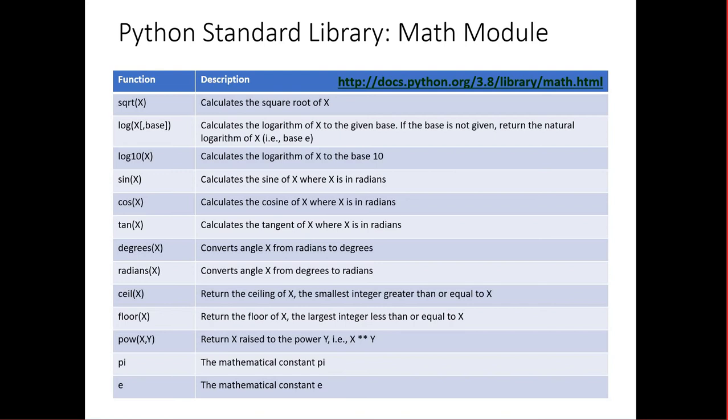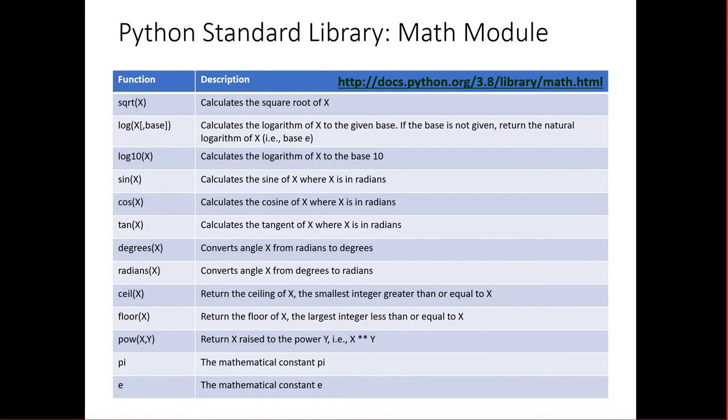Then getting logarithms, trigonometric functions, converting degrees to radians and so on, and the mathematical constant value pi, and also the constant e. These are some of the commonly used library functions. So let's discuss the use of these functions.